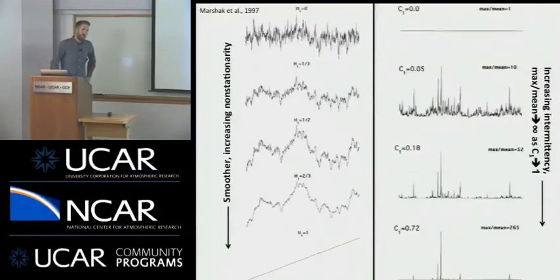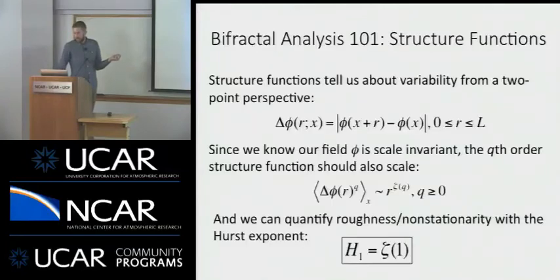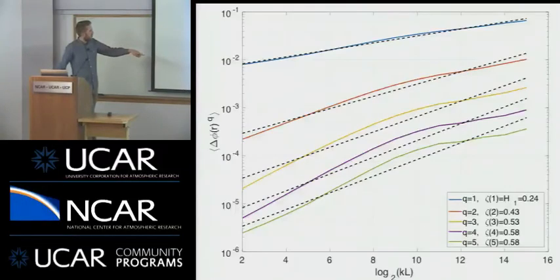So H1 is telling you about statistical stationarity, or the lack thereof. Do you have a defining equation or something like that? Yeah. So here, we're just getting H1 from the first order structure function. This blue line up here at the top, I just do a nice log-log fit to that.